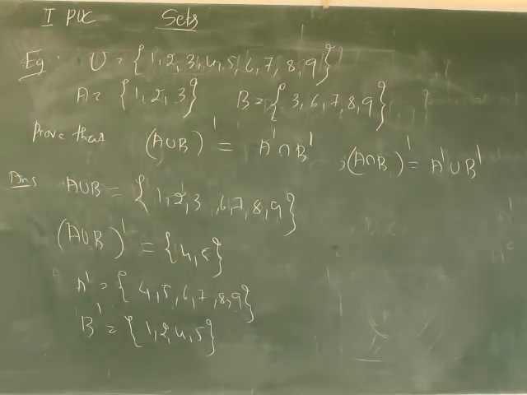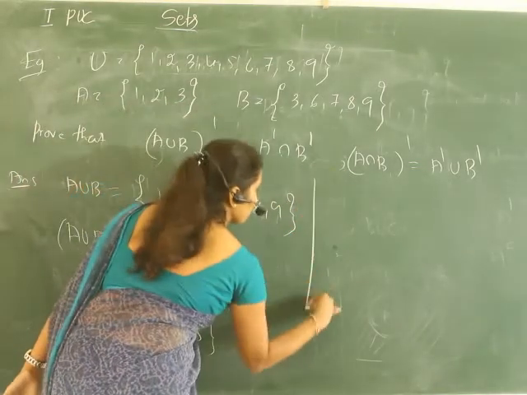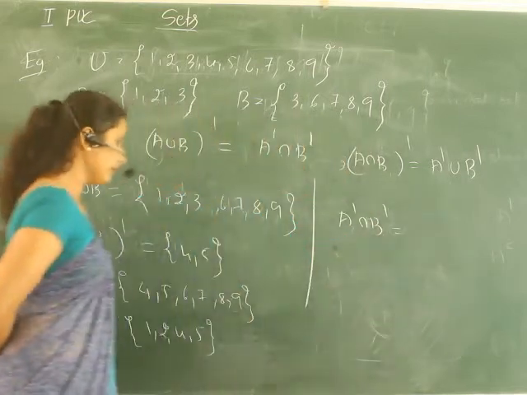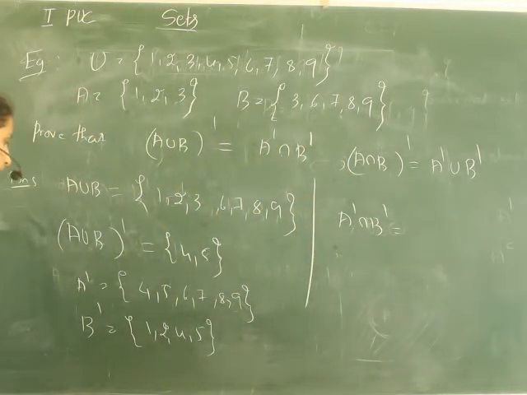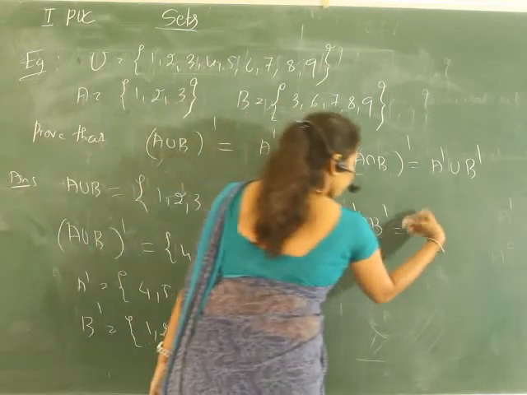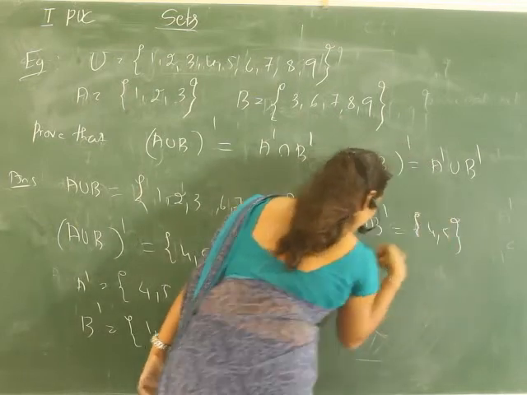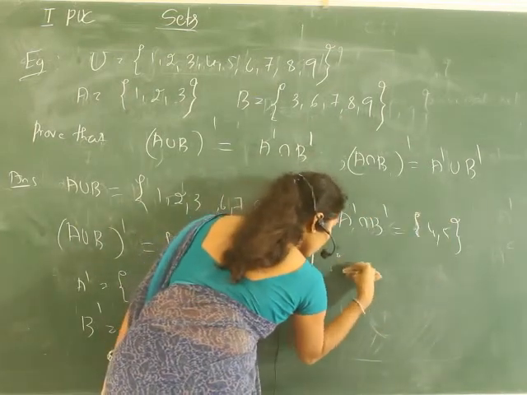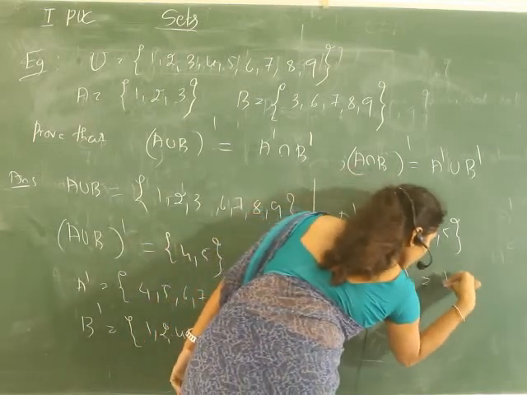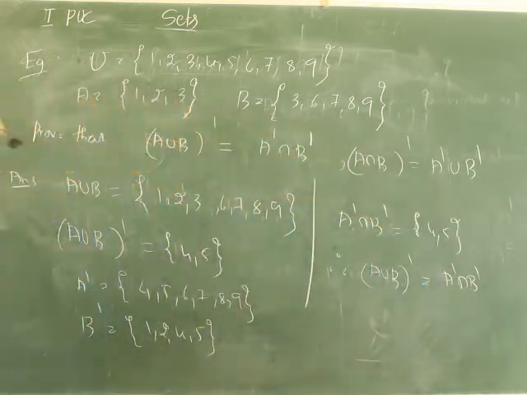Next I have to calculate A complement intersection B complement, which is the intersection of these two: 4 and 5. Therefore A union B whole complement is equal to A complement intersection B complement.